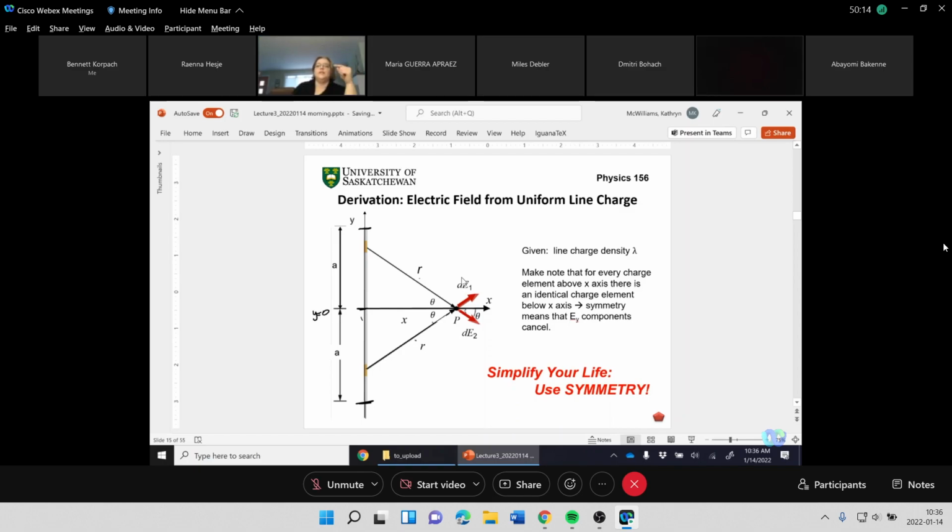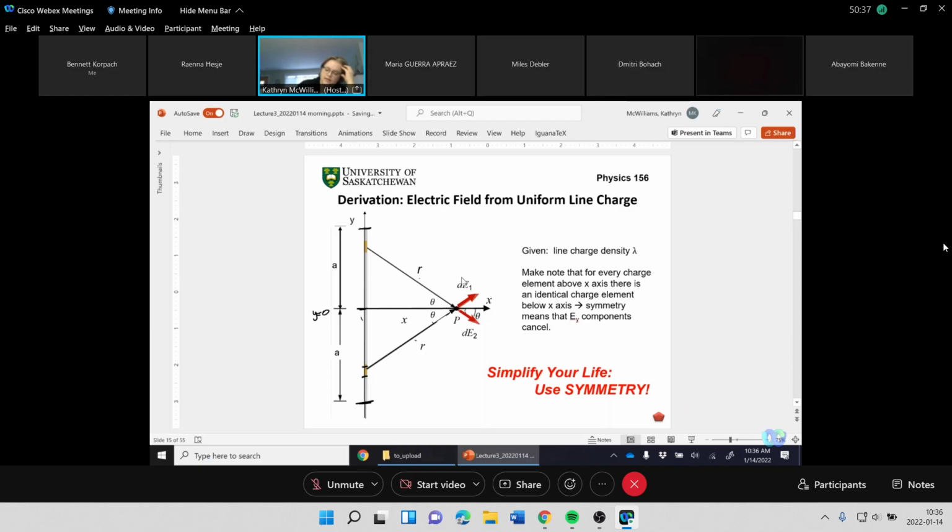The reason we're asked for the electric field at a point along the bisector of this line charge is that it simplifies our life a lot, because there's symmetry. There's this little elemental piece of charge here.